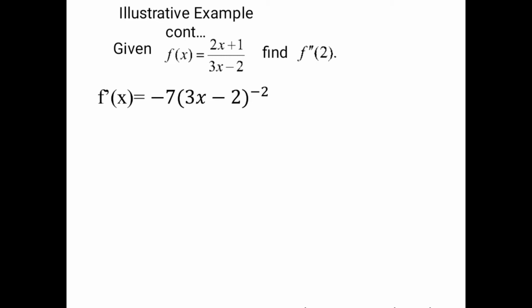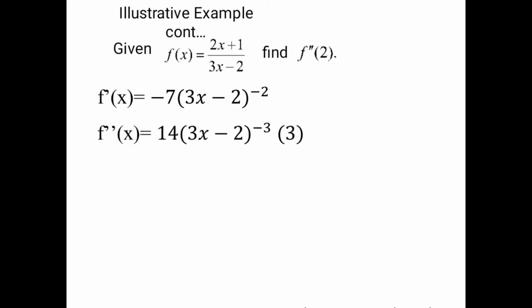Since we've already got the first derivative, we need to continue the process and get the derivative again. This time, since we have negative 7 times the quantity 3x minus 2 raised to negative 2, we are going to use the chain rule. First, we multiply the exponent negative 2 to our base negative 7. That will be negative 14, and then subtract 1 from negative 2.